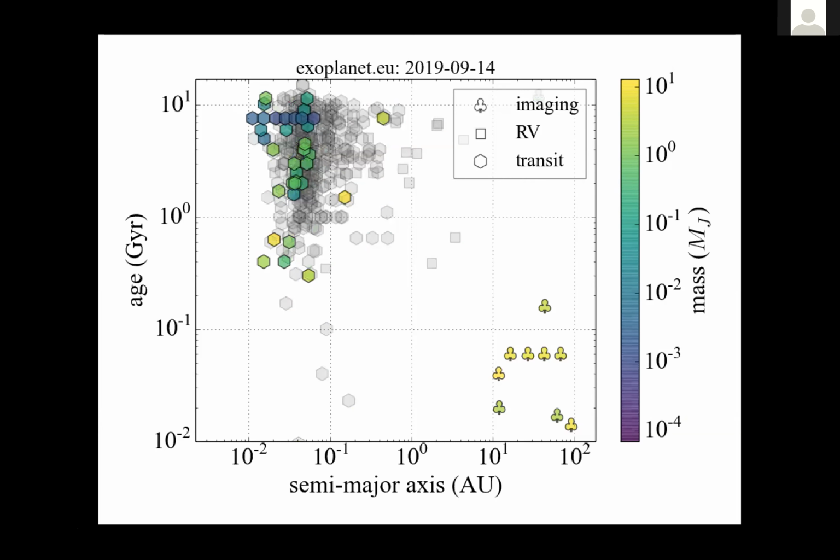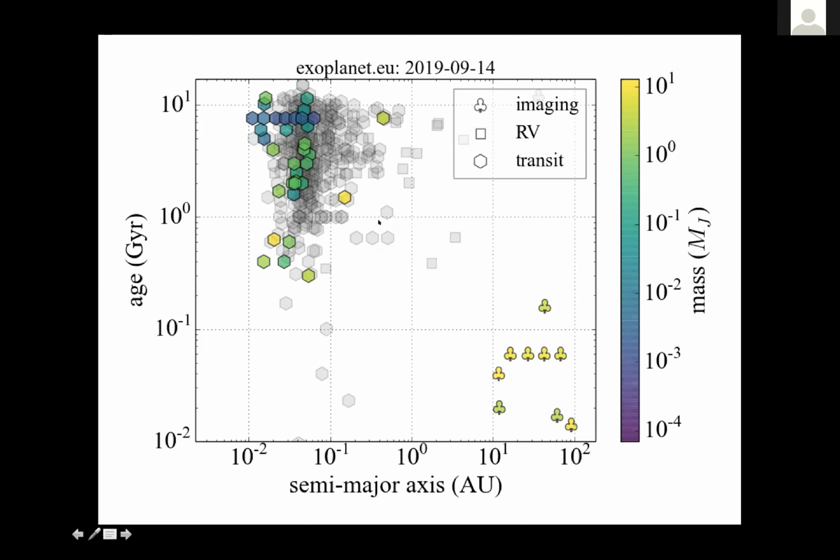Another useful way of looking at this plot is now showing only the remaining colored points, those exoplanets which have a measured spectrum. And you'll notice, going back and forth between the two, that all of the directly imaged planets remain, and there are only a handful of transit spectroscopy planets that remain in the upper left here.